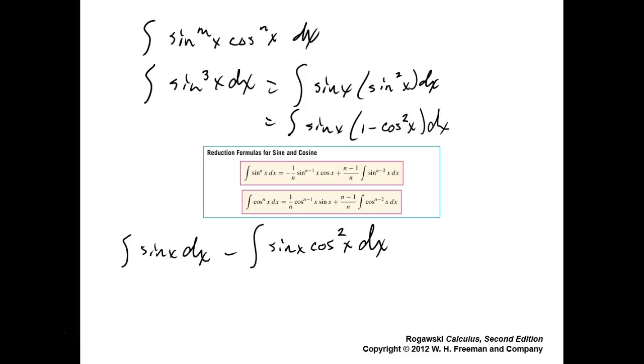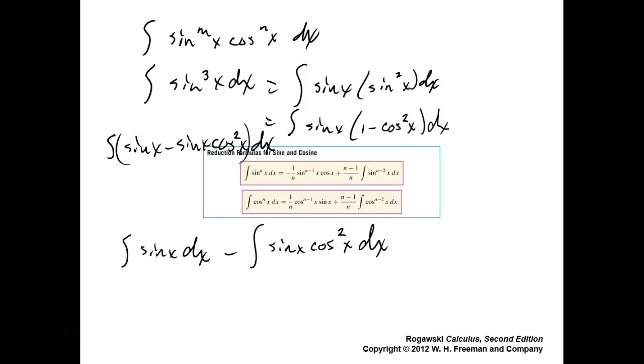So why do we still have sine x outside? All right, I'll do the step in between. That would be the integral of sine x minus sine x cosine squared x dx. Isn't that what happens when you multiply sine x times 1 and sine x times cosine squared x?